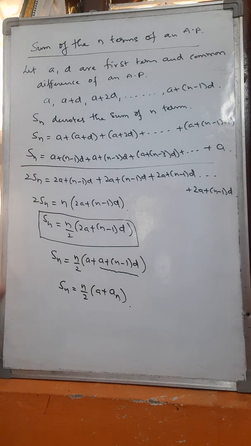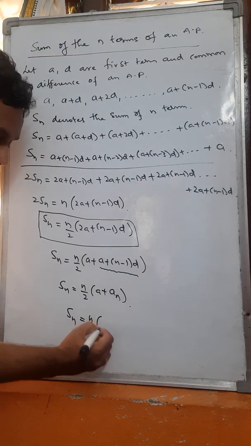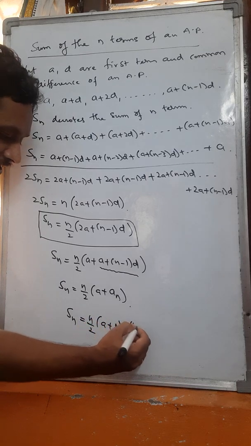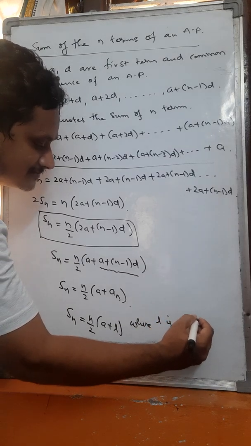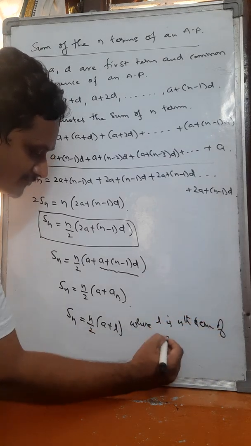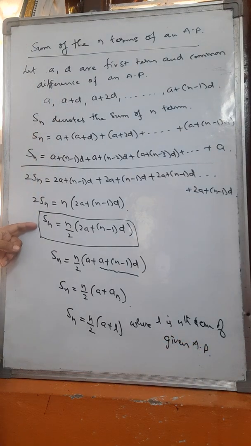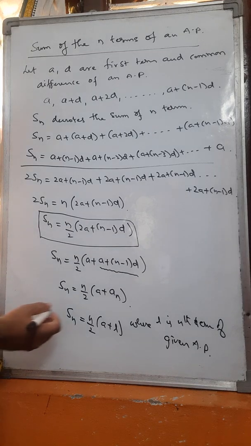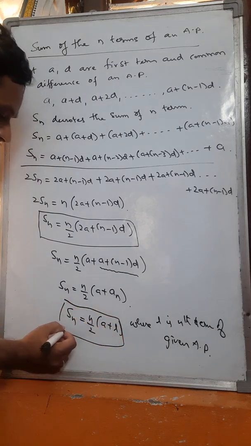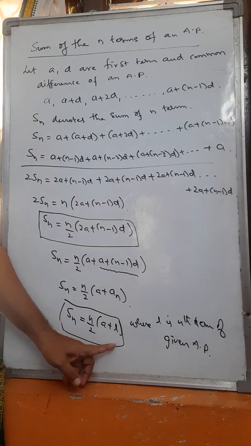If we take an equal to L, then Sn is equal to n by 2 into A plus L, where L is the nth term of the given AP. So Sn is equal to n by 2 into 2A plus n minus 1 into D when A and D are given, and Sn is equal to n by 2 into A plus L when the first term and last term are given.